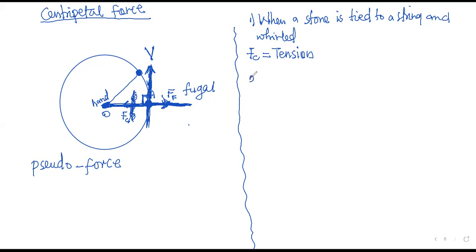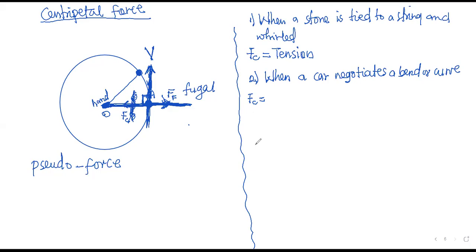2. When a car negotiates a bend, a car, bicycle, or athletes on a bend or curve, what provides the centripetal force? Anybody? No idea.